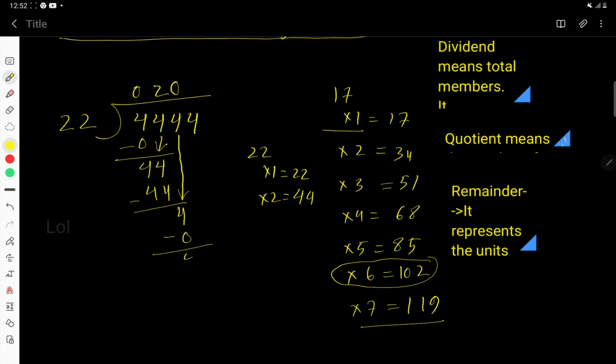Subtract, then 4. Then bring down the last digit, 44. 22 goes into 44 how many times? 2 times. If you subtract, you are getting 0. That is, this is your result. This 0 doesn't have any value. So by applying this type of logic, you can do long division easily.